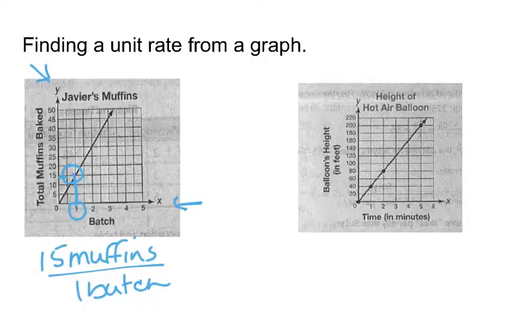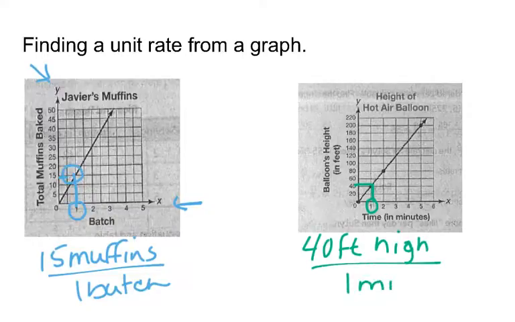So let's do this. This is a 1, right? I go up until I run into my line, and then I go across. And so I see that the balloon is 40 feet high in 1 minute. So for every minute, my balloon goes 40 feet in the air.